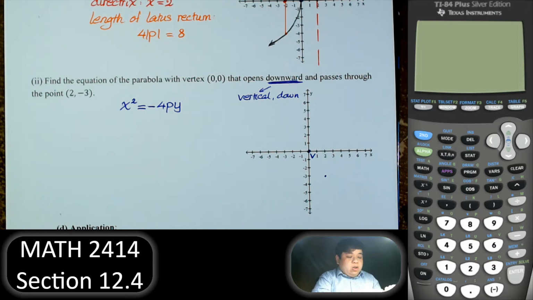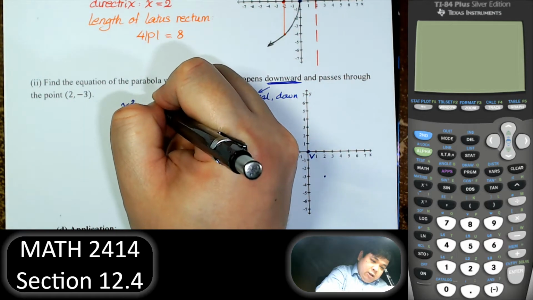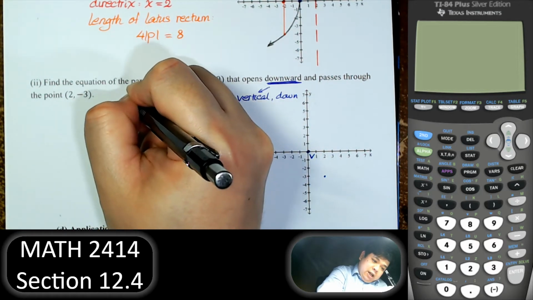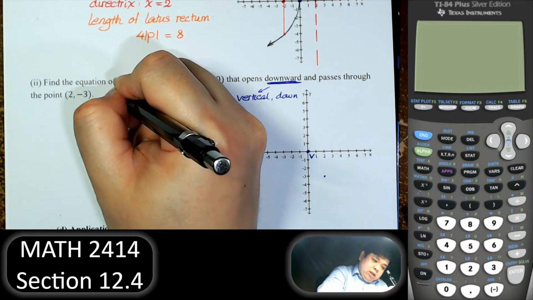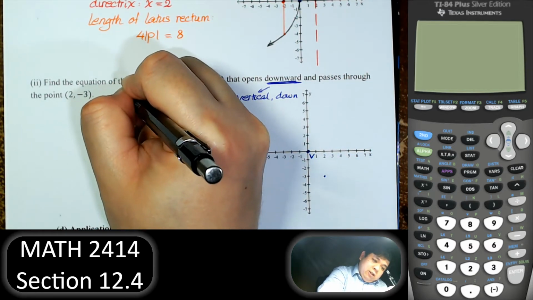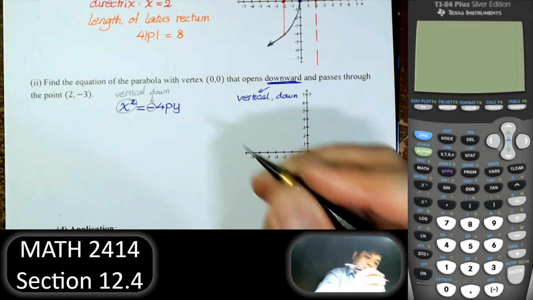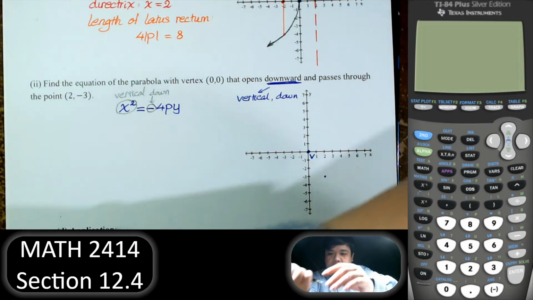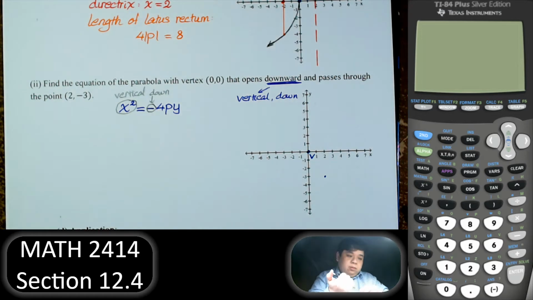So we start with x squared because it is vertical, and the negative is because it opens down. If we have y squared, it's going to be horizontal. And then we just need to determine p.